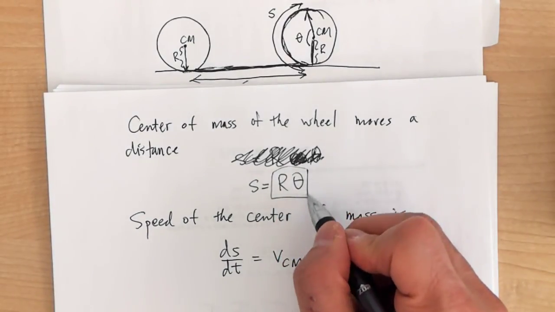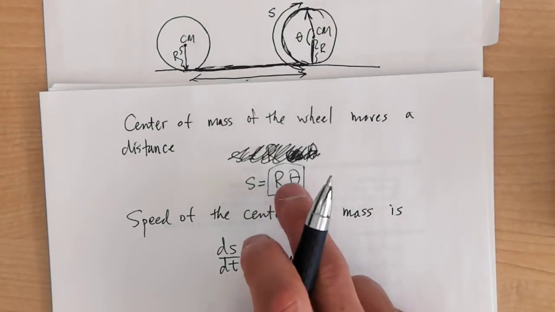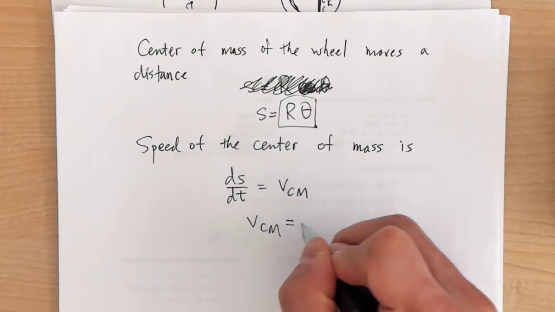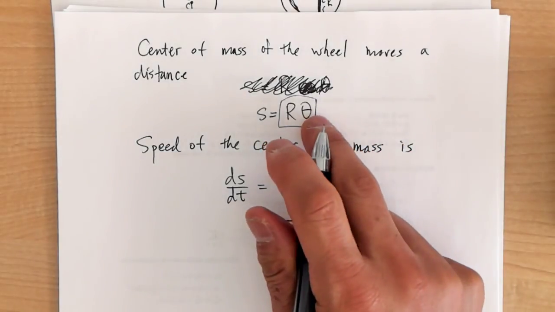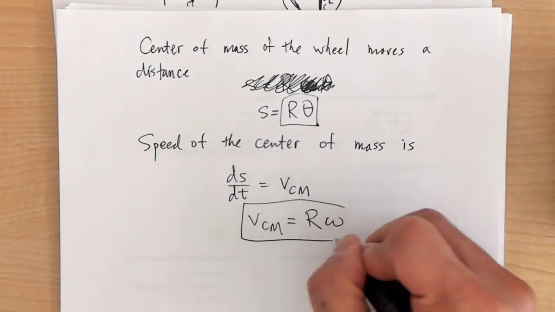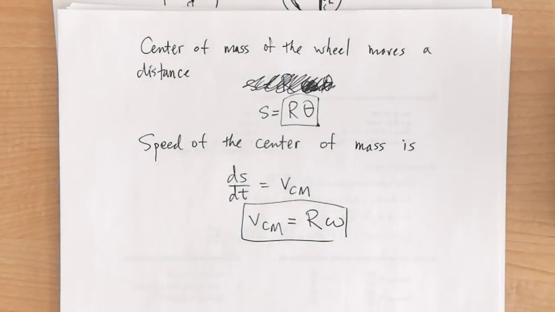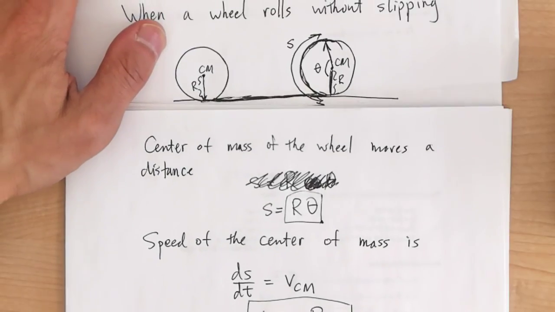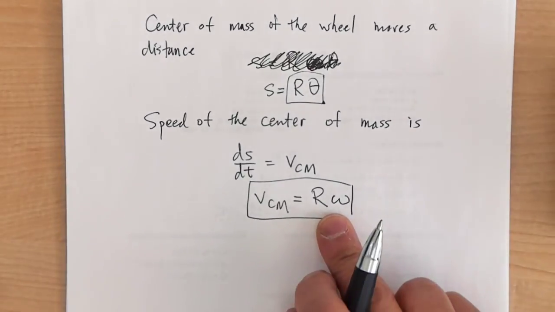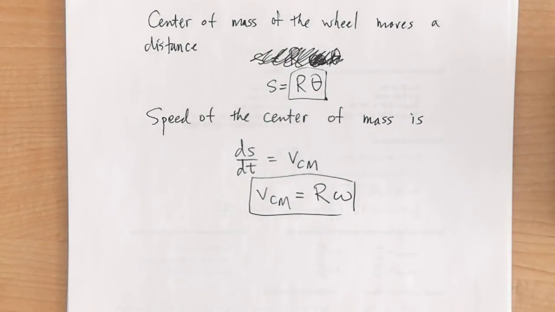Now I can take this formula for s and take the derivative with respect to time. R, the radius, is not going to change. So I get v_CM is equal to r times the derivative of theta, but the derivative of theta with respect to time is just omega. So the speed of the center of mass, how fast this wheel is moving, will just be equal to the radius times the angular velocity.